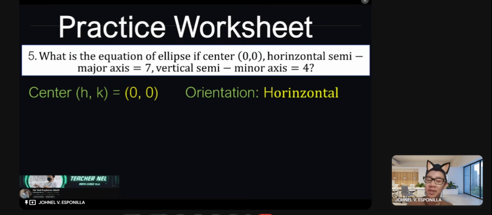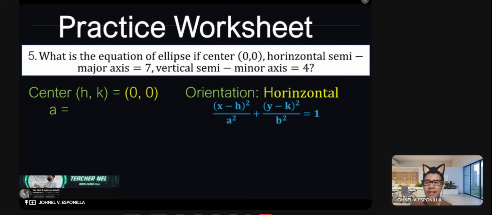That is horizontal. Okay, so ang keyword natin dito para masabi nating horizontal is yung semi-major axis. So katabi niya horizontal, this is horizontal ellipse. And this is the formula for horizontal ellipse. Meron na tayong h, meron na tayong k, which is 0, 0. So ang problema natin is a at b.